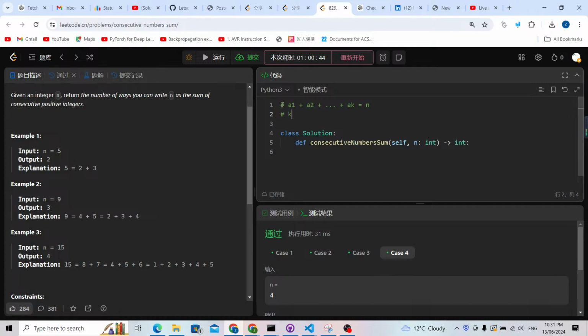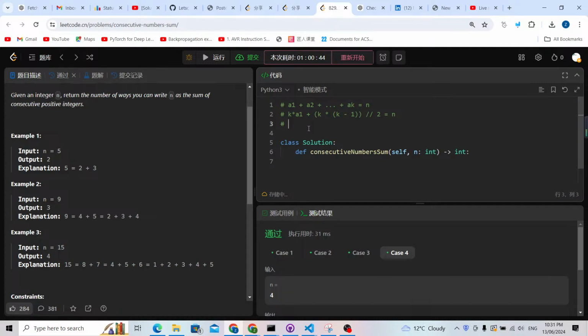So it's going to be k times a1 plus k times (k minus 1) divided by 2, and it should equal this number n. And we have to calculate it.